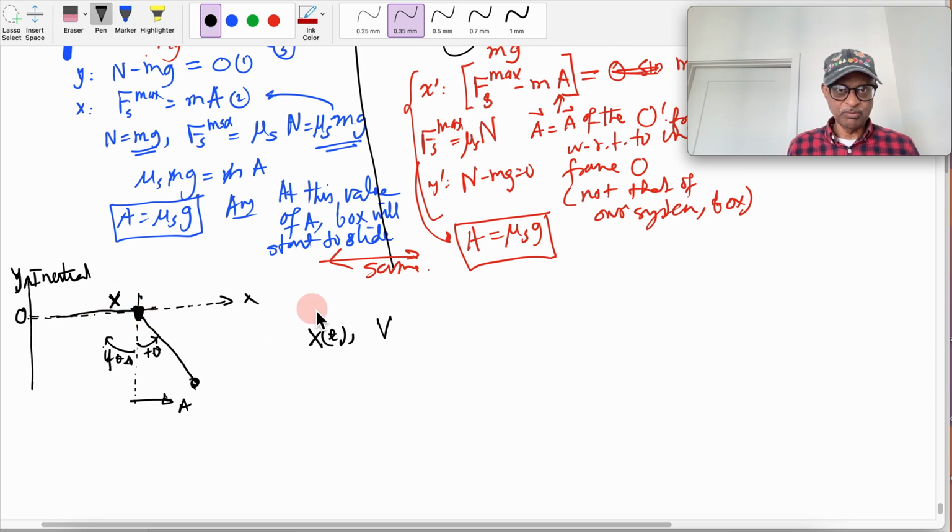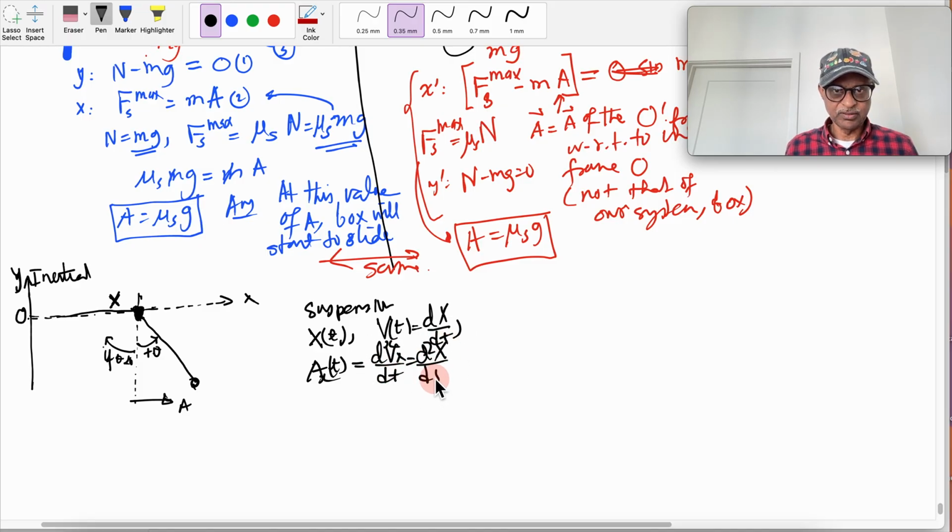So for this suspension point, v of t will be dX/dt, and its acceleration, looking at just the x component, will be dvx/dt, or d squared X/dt squared. That's the suspension part. Our system, let's call its current position x and y at time t.